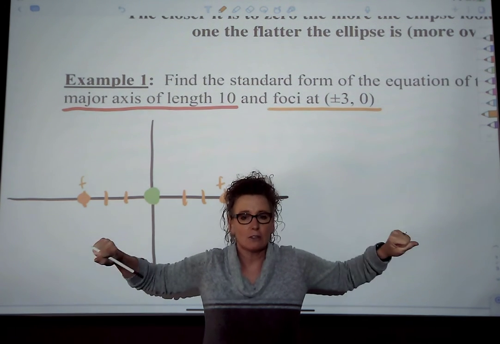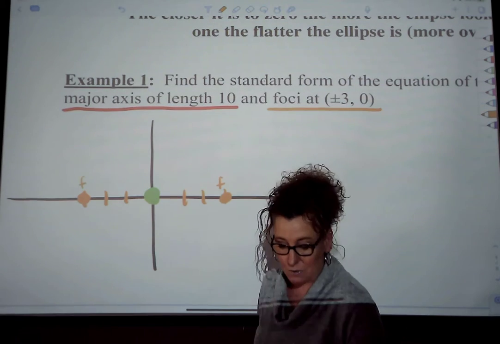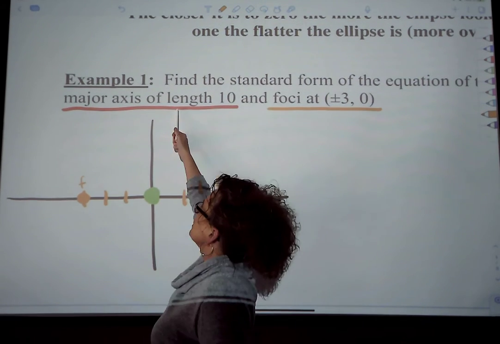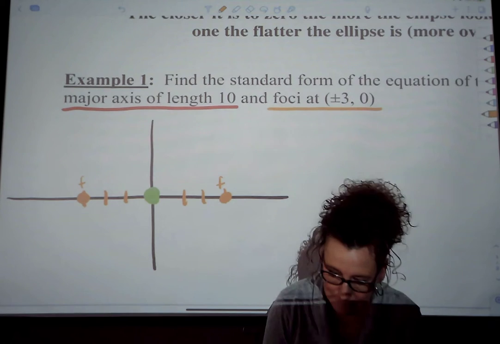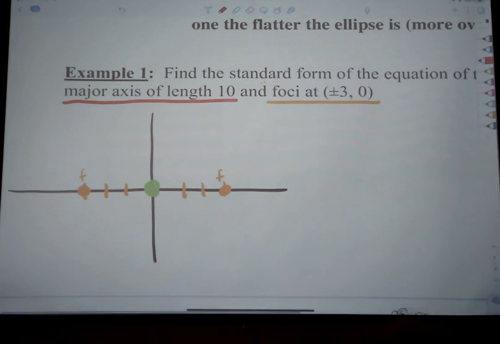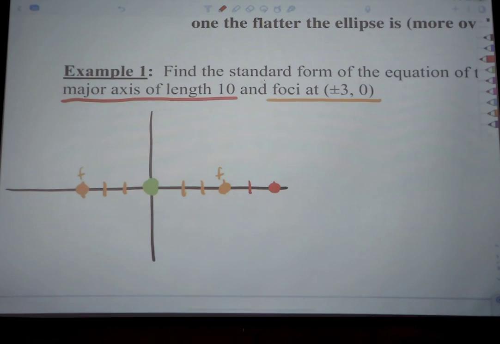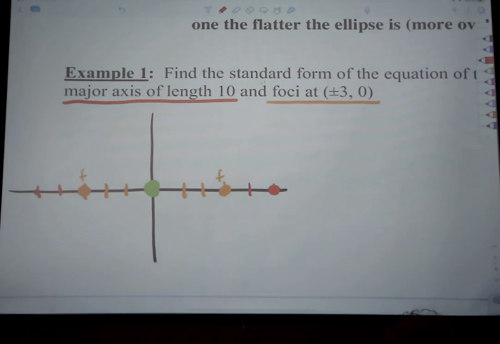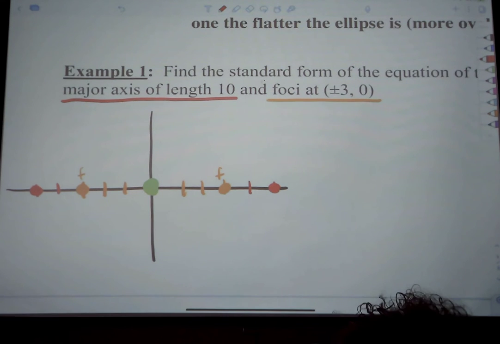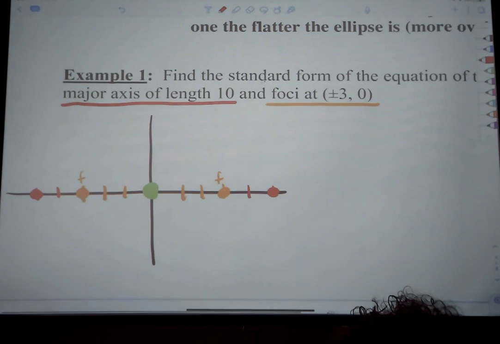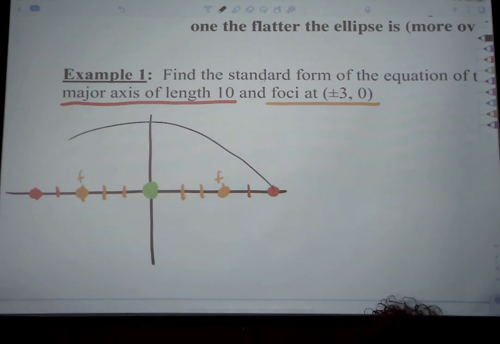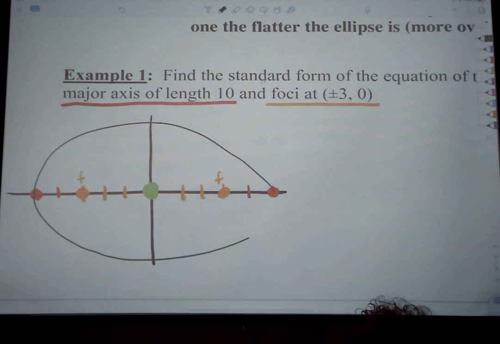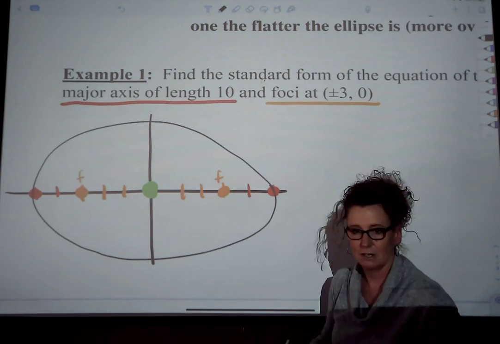They won't make it look like a circle. So that tells me that my major axis is right along here. So for my major axis, I'm going to count out to 5, either direction. And my ellipse looks kind of like this. I don't know, something like that.